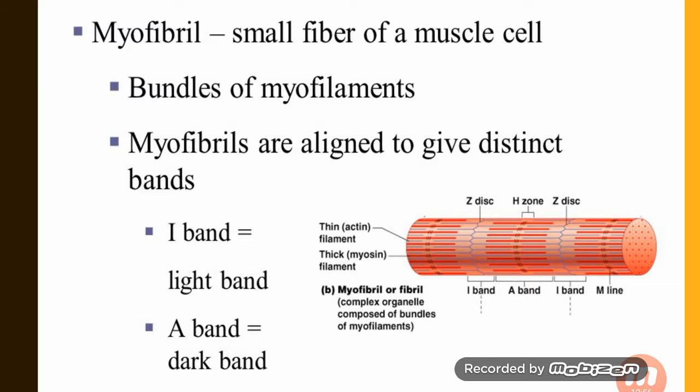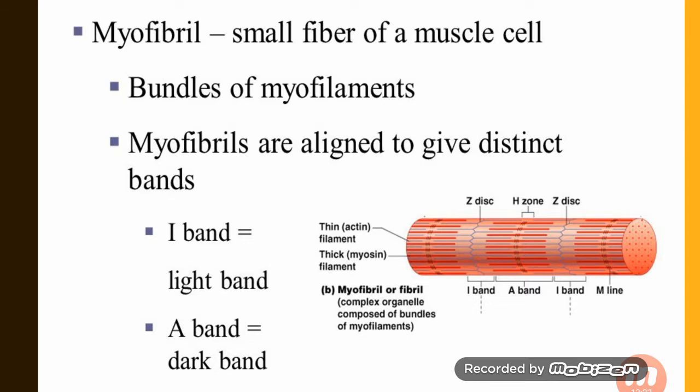The A band is further dissected by a dark line called the H zone, or Hensen zone, and the H zone is dissected by a line called the M line. On the other hand, the I band, which is the lighter band, contains a dark line which dissects it, called the Z disc, or Zwischen disc.